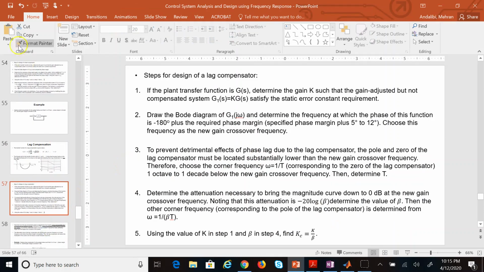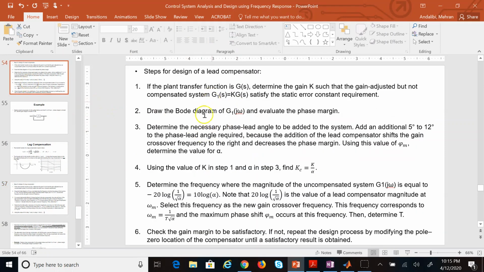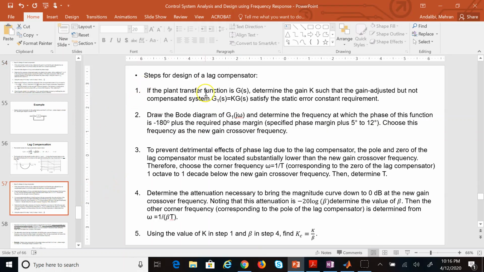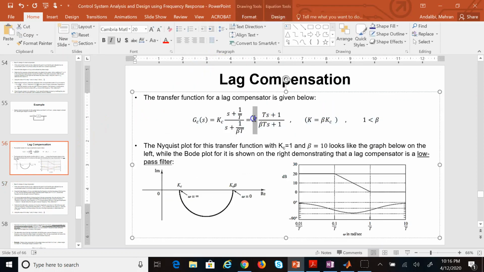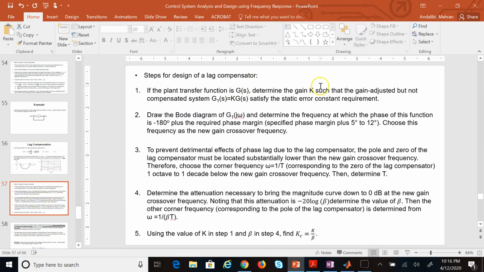And so when we want to design a lag compensator, there are several steps that we have to take, and these steps are quite similar to the steps we took to design a lead compensator. So the first stage is based on the static error constants, typically Kv. We determine the constant K, this constant, to make that much of change in Kv value most of the times.